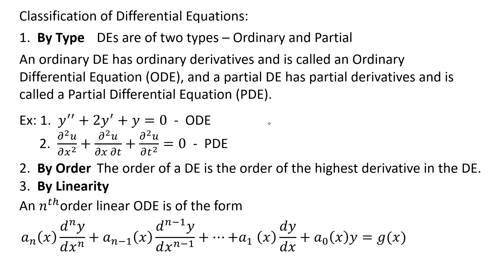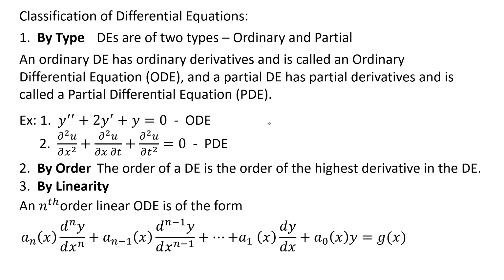And if you have only x terms, that is on the right hand side. The moment a term has a y in it, y or its derivatives, then that better be on the left hand side of this equal sign. That's one of the things that you must see in a linear equation. Cool. What else do you need to see?